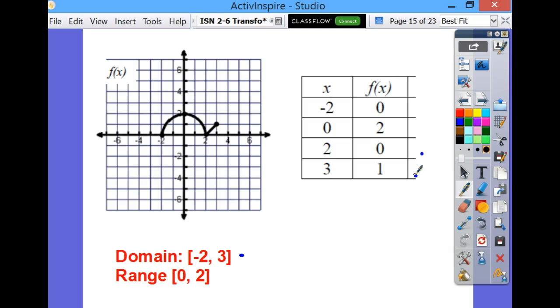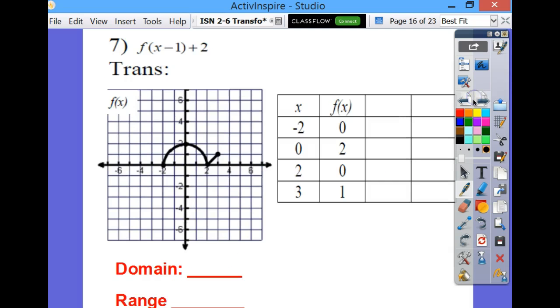Okay, so would you please write the domain and range down for this first graph. And then what is going to happen in problem number 7? Problem number 7 has more than one transformation.